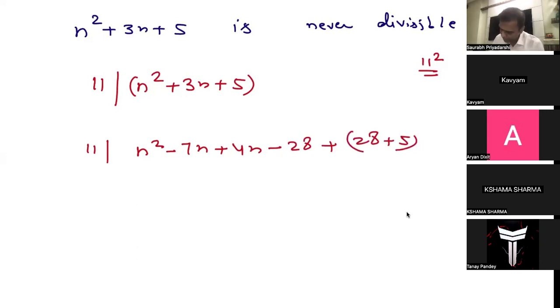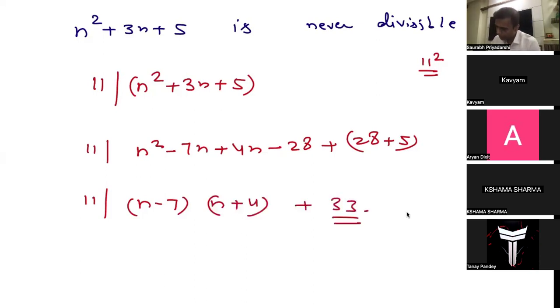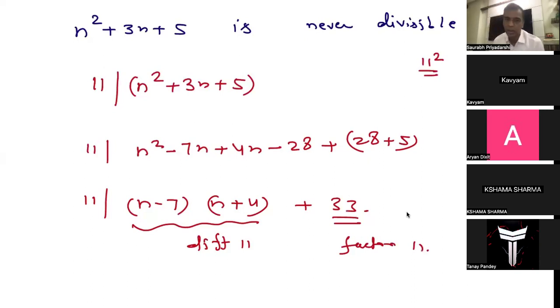So this factorization is serving two things. What is that? One, this having the factor of 11 and this having the difference of 11. And this is having factor of 11. Right? One having difference 11 and other having factor 11.